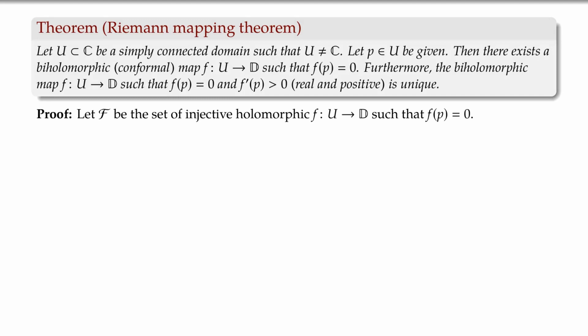That seems like I should get the furthest. That's the intuition. But the way it's going to work is we're going to approximate the supremum of f prime at P in this set, and then Montel is going to give us a convergent sequence. Because what Montel gives us is convergence uniform on compact subsets, that actually means that f prime is also convergent.